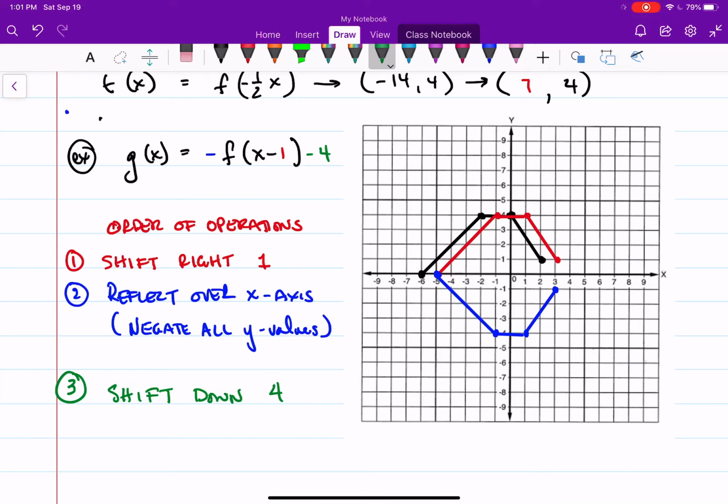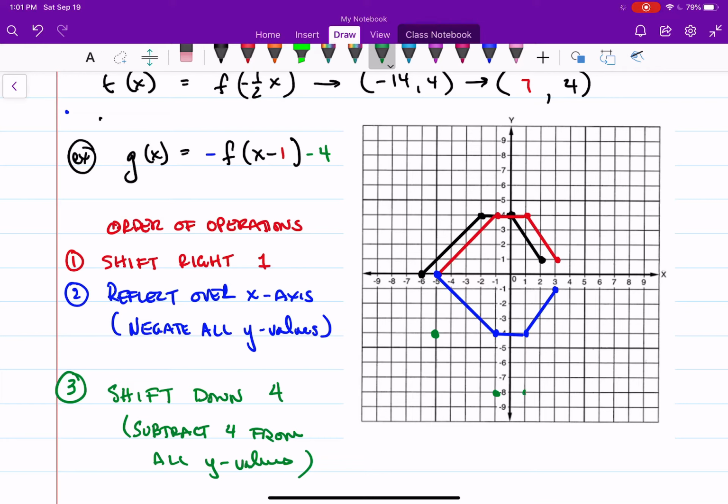Okay. So now everything is going to shift down 4. Again, it's the y value. So I can just call this subtract 4 from all y values. Right? Okay. So this y value is 0, so it's now negative 4. This y value is negative 4, so it's negative 8.